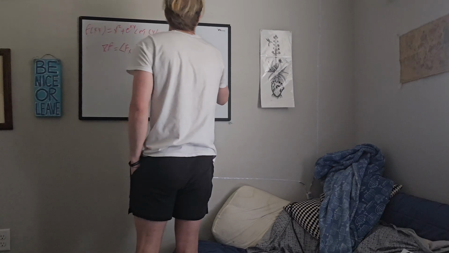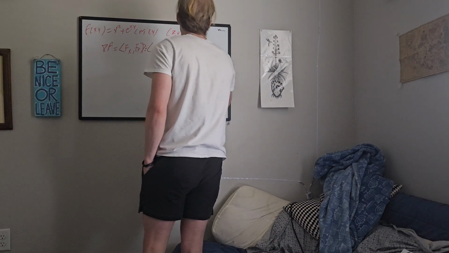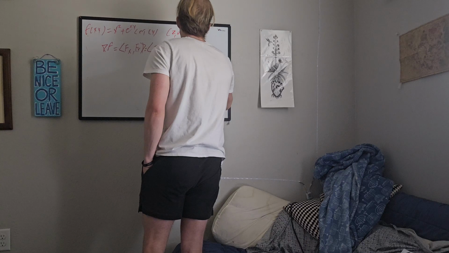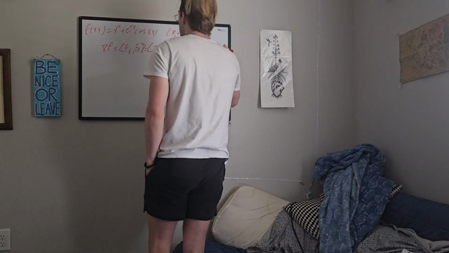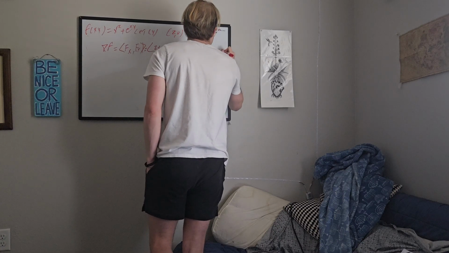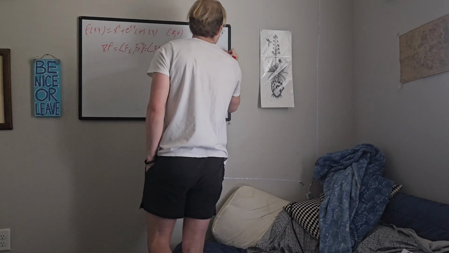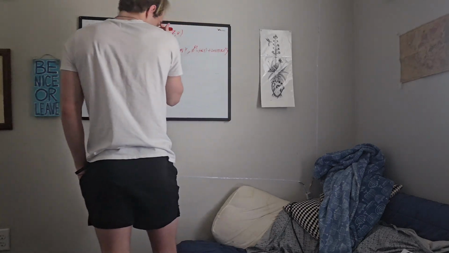Left e to the xy. Cosine is negative sine of y. Plus right d left. So cosine of y times x e to the xy. It's pretty easy.